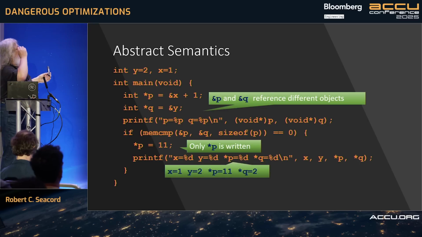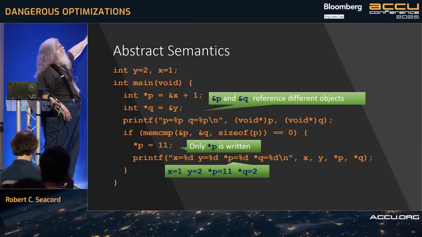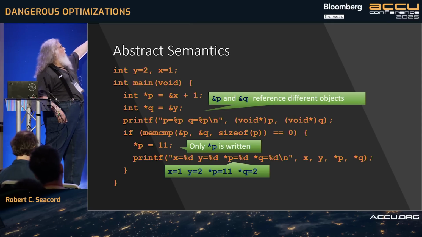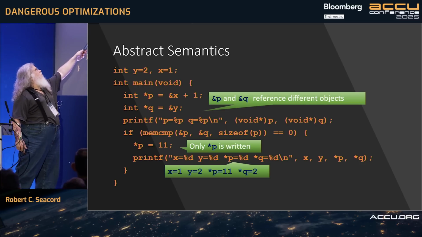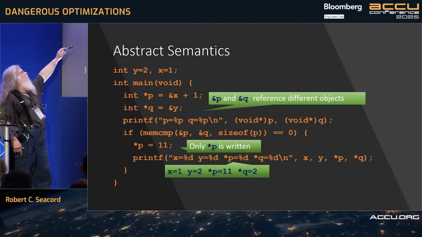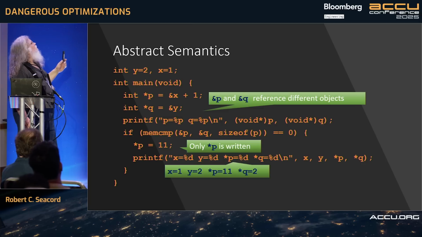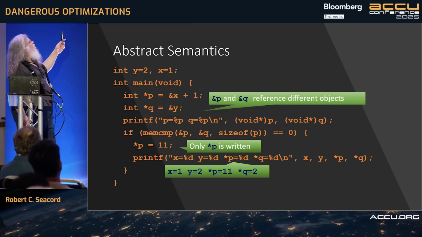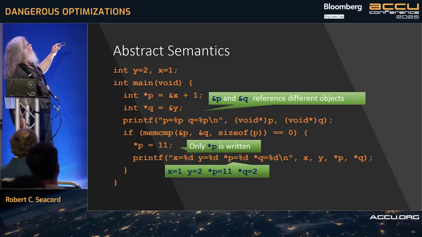So what happens here in this case is a lot of compilers start from the end and work backwards, right? So they'll look at the code and they'll say, what does this program do? And it says, well, it writes here to P, which is a pointer to X. And it'll say, when is X written to?